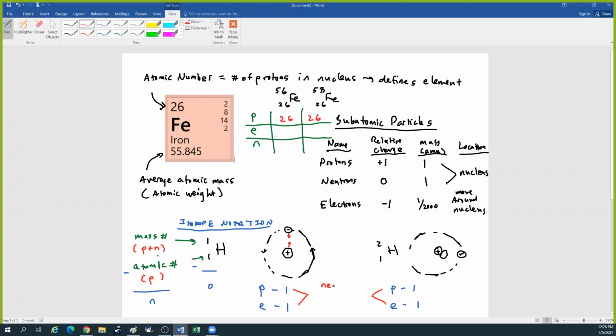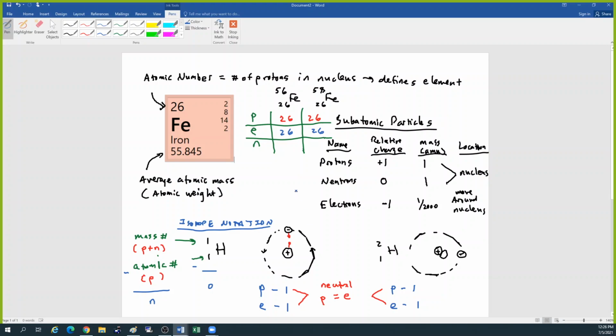That's true anytime an atom is neutral. So if I don't tell you that the atom has a net charge, like an overall plus or minus charge, you can always assume the protons and the electrons equal each other. Otherwise, there'd be an overall charge, and I'll show you that in a moment as well. But for now, what that means is that the electrons and the protons have to be equal. So they both are also 26.